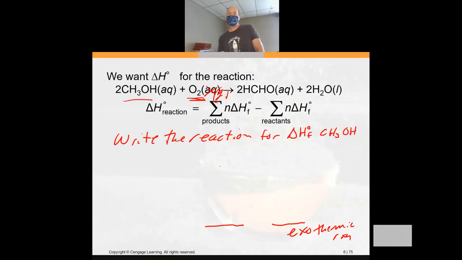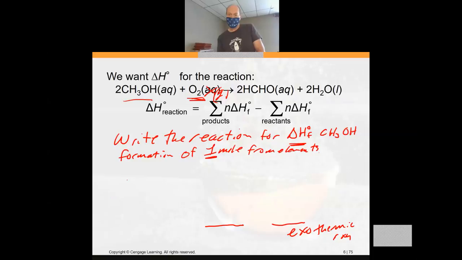All right, so you have to know what that means. So the definition of a delta H naught formation, that is the formation of 1 mole from elements. So it's the formation of 1 mole from elements in their natural state.